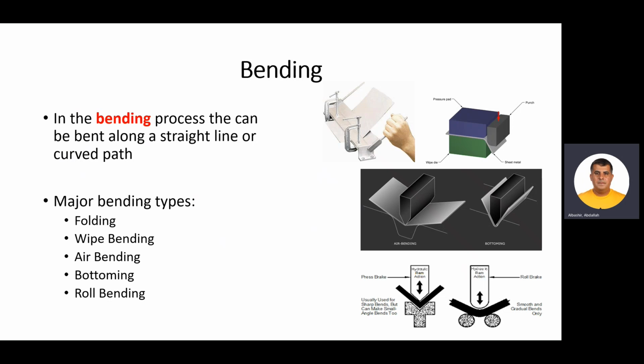After bending, we make there are very different major bending types, like folding, wide bending, air bending to make curvatures or an angle in the sheet metal, bottoming, roll bending. Roll bending is to make a curvature or a kind of a circular shape for the sheet metal.